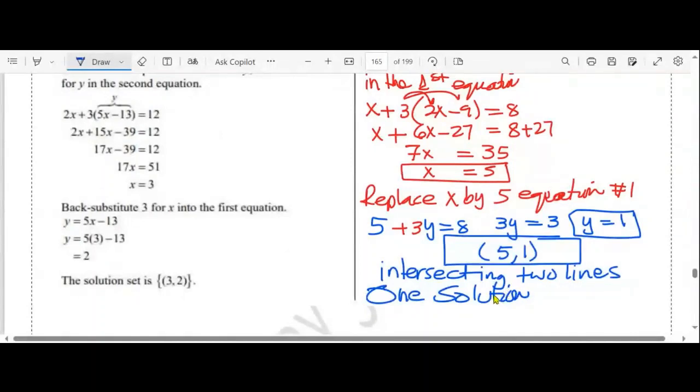One solution. Consistent or inconsistent? Consistent. And independent.